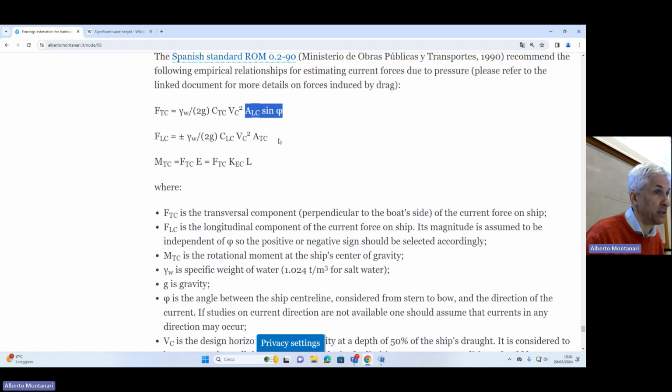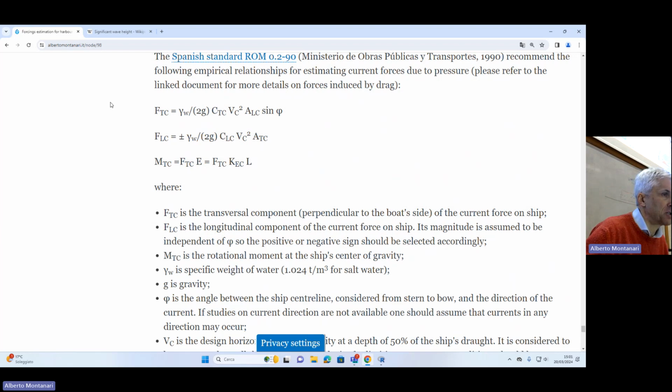If you take this area times sin phi, you have the component of the area along the transversal direction, which is quite relevant. I mean, the side area of the ship which is exposed to the current is a relevant area.